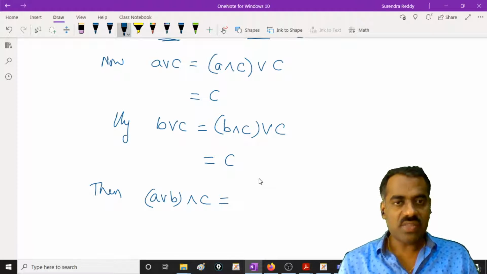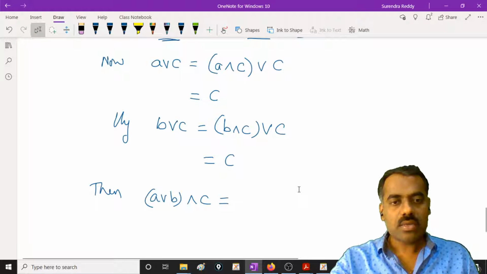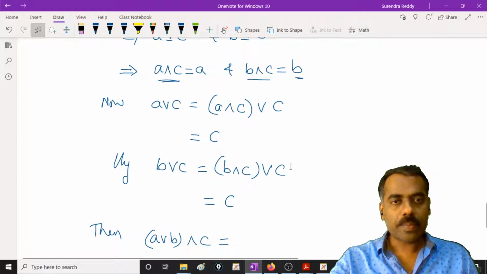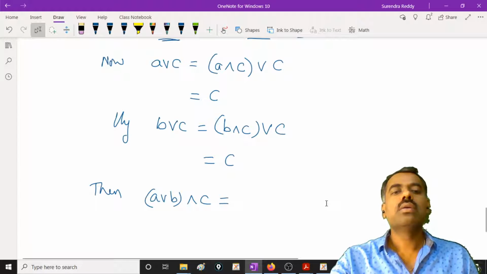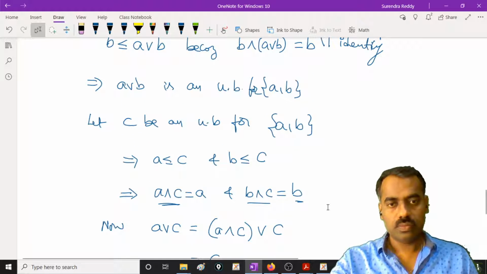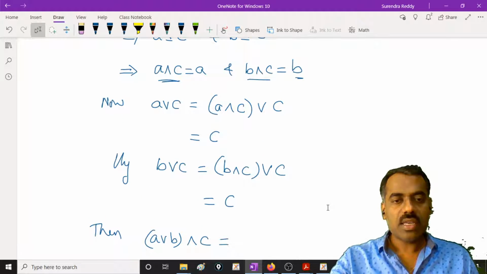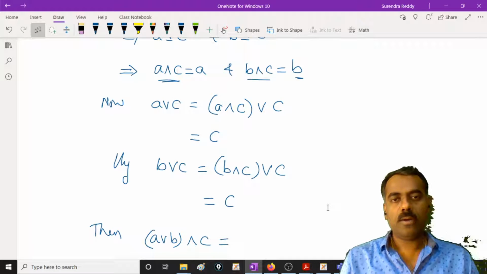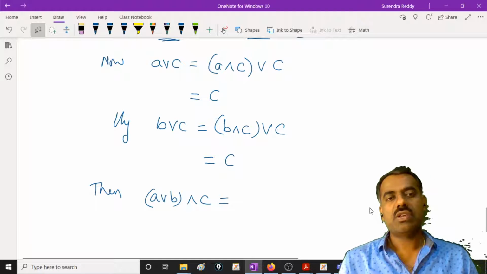Suppose I start using A join B in place of this, properly we have to use one of these things, so that we get A join B. Suppose in place of A we can write A meet C. Suppose A meet C join B. So somehow this is the same as join B only, right?